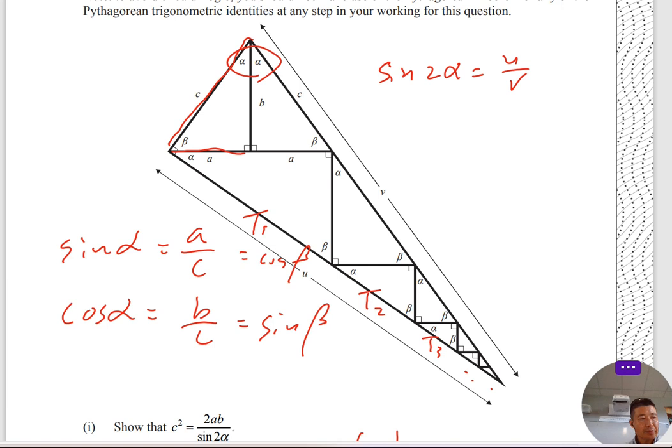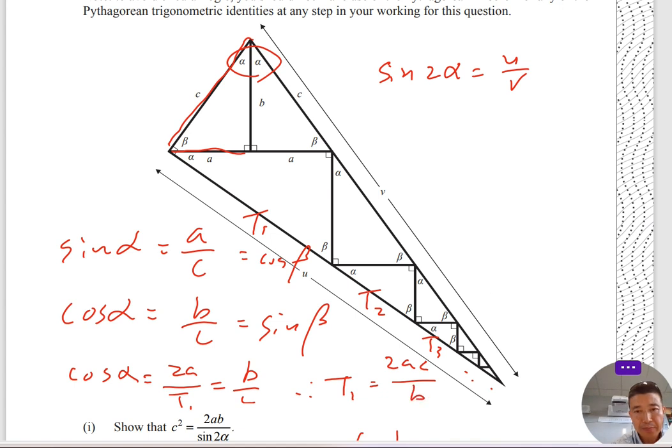All right. So cosine alpha equals 2a over T1, which is b over c. Hence, T1 should be 2ac over b, isn't it?